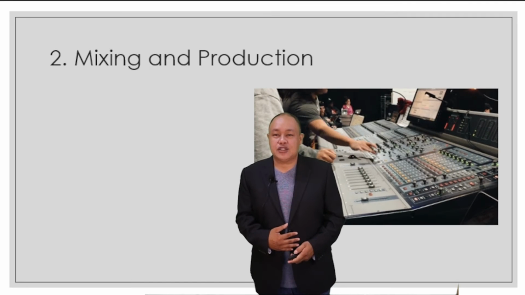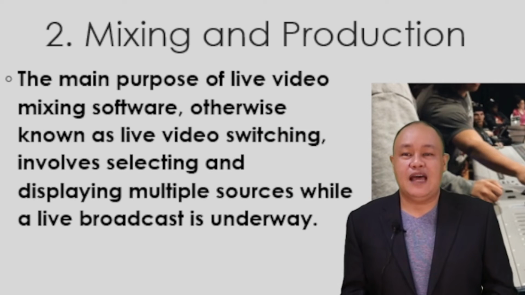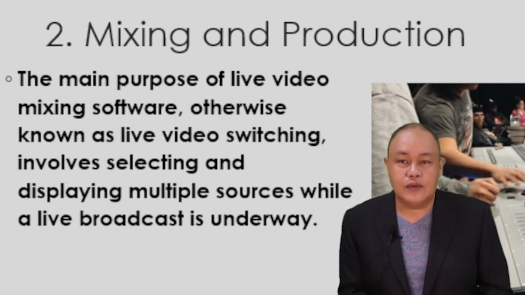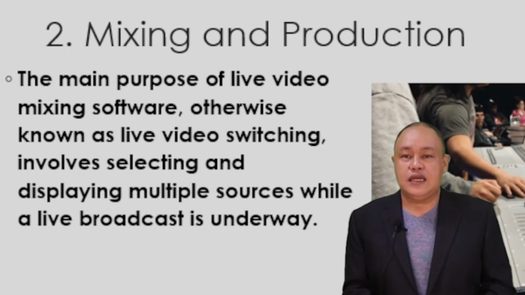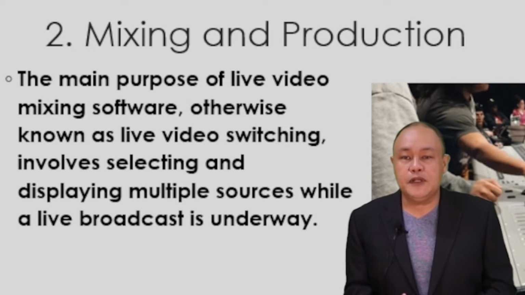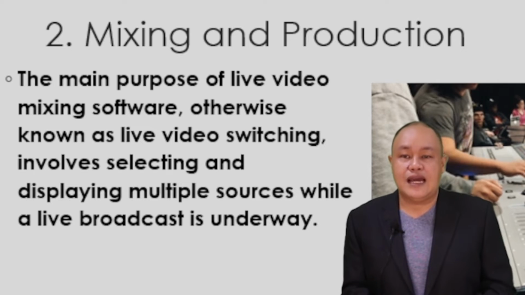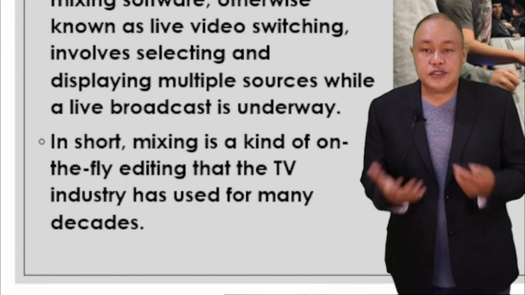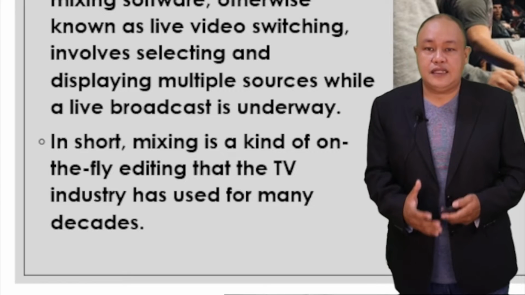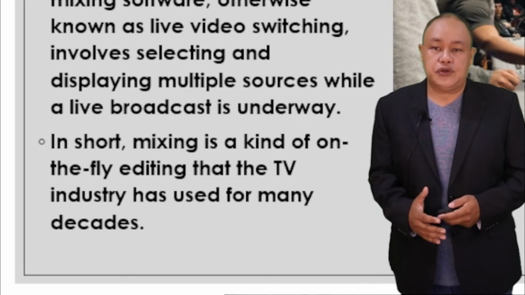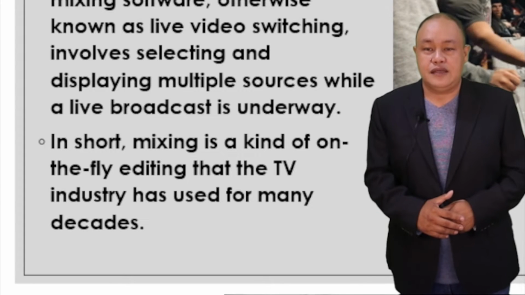Mixing and production: the main purpose of live video mixing software, otherwise known as live video switching, involves selecting and displaying multiple sources while a live broadcast is underway. In short, mixing is a kind of on-the-fly editing that the TV industry has used for many decades.